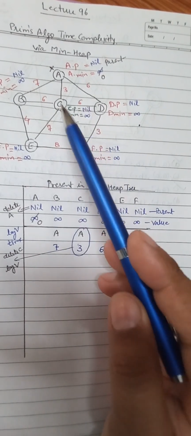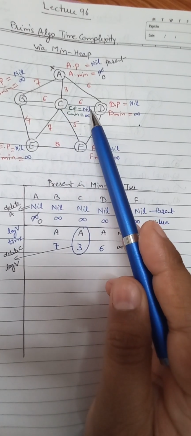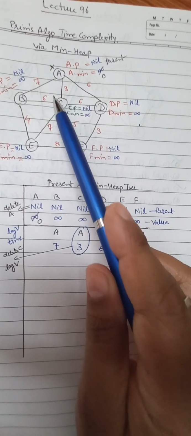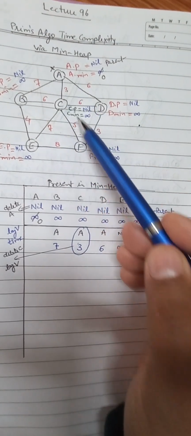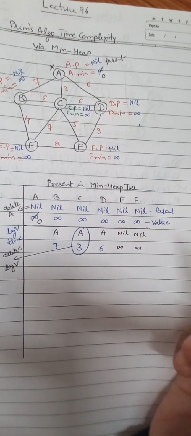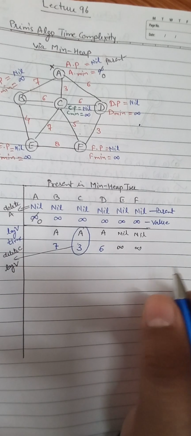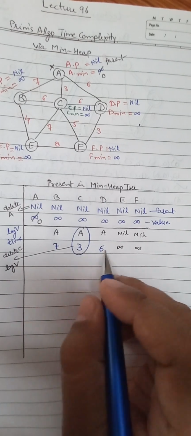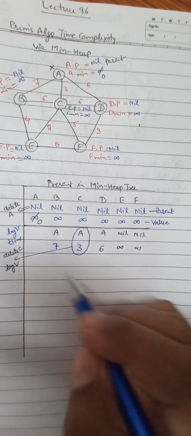Suppose that A is connected to, say, just 3, so we need to go to 3 only. But if A is connected to all, if 2 edges are here also, how much time will it take? It will take v log v time, because we have to go through each and every vertex and find out what weight is minimum, and accordingly we have to change the weight. That we will see later.